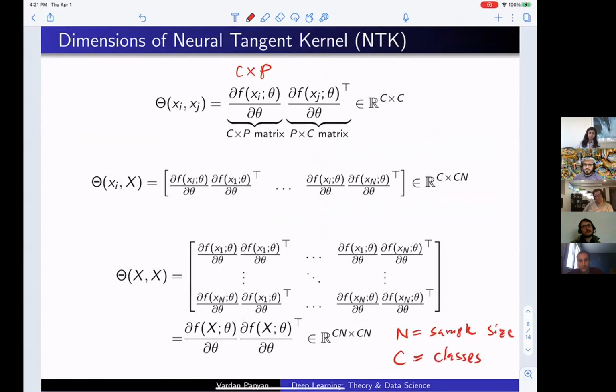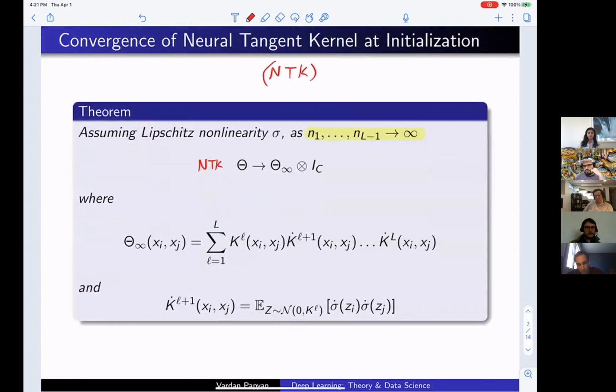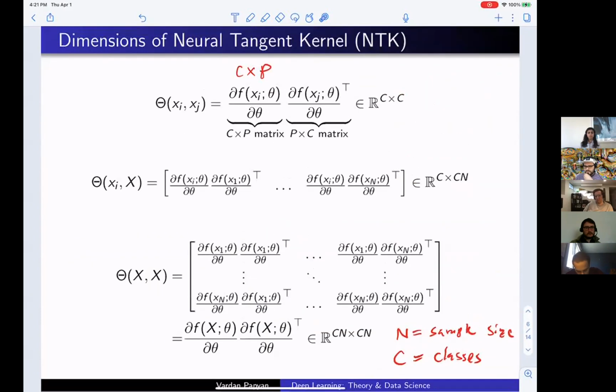So for example, if you had 50,000 examples in MNIST, the NTK would be 500,000 by 500,000 because the number of classes is 10. So an answer to your question is that IC is the part that's associated with these C classes. Do these words make any sense? Or it doesn't make sense?